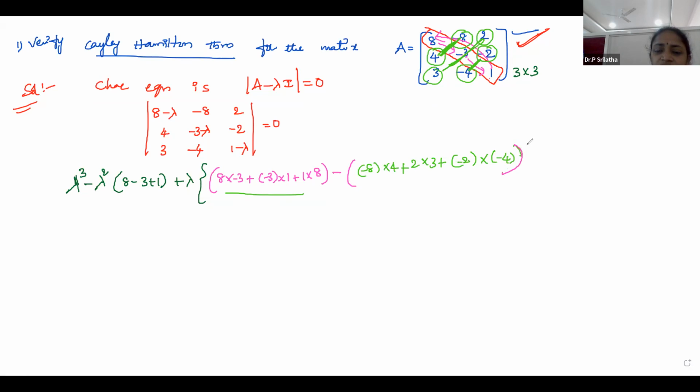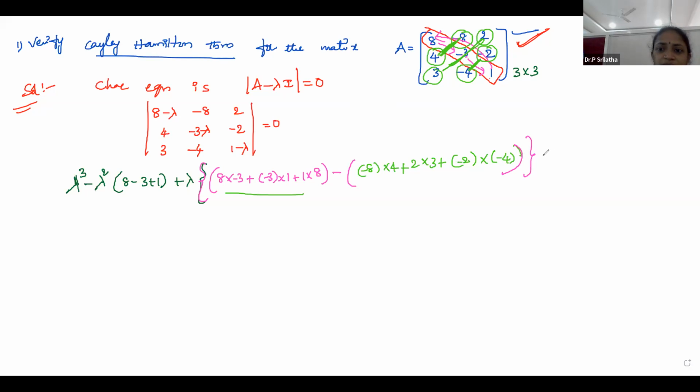Next. So this is over, right? The lambda part is over. So next, what we have to do? Here we need to find the determinant.